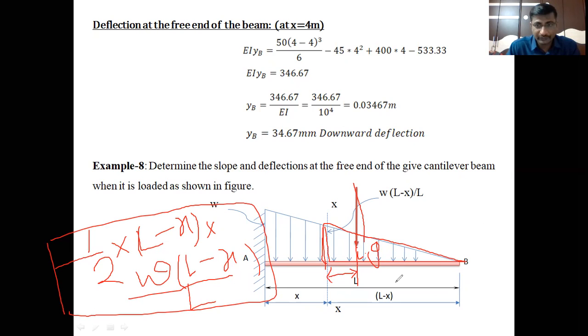The total length on the right side is L minus x. The center of gravity of the load is at a distance of height by 3, that is (L minus x) by 3, from the base. The base is the XX section. So load into (L minus x) by 3 gives us the moment about XX: load into perpendicular distance.